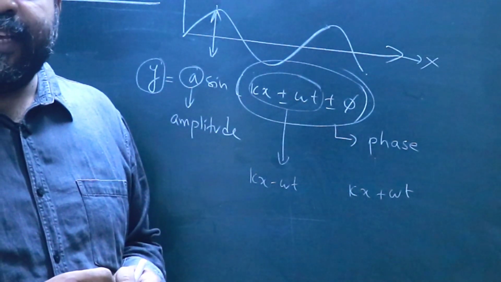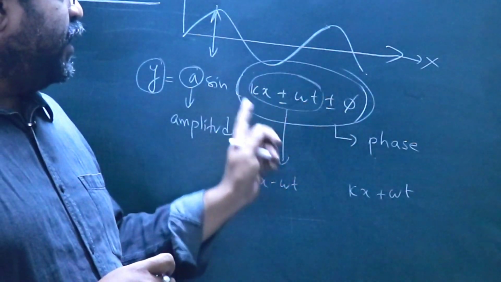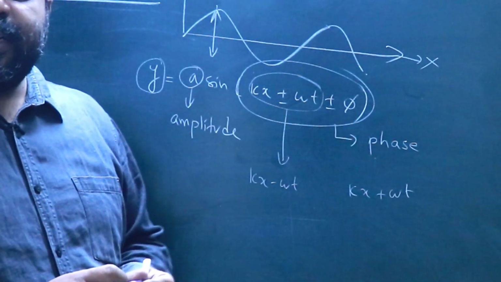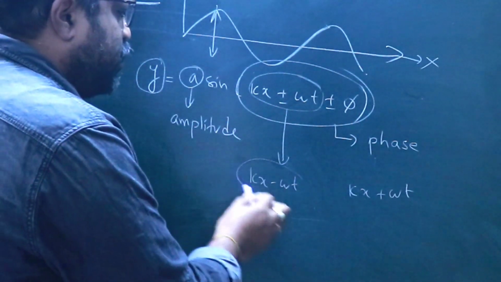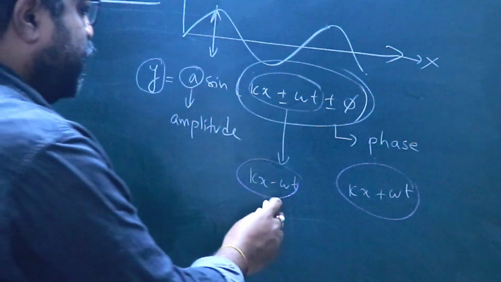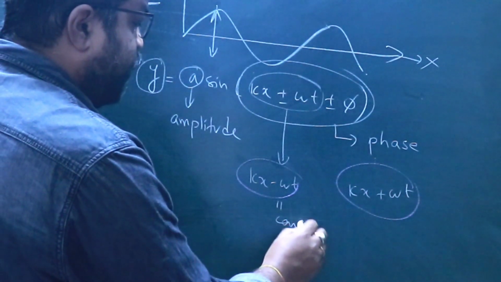Now for a given wave, this entire phase is a constant. If this entire term is a constant, that means this term has to be a constant.